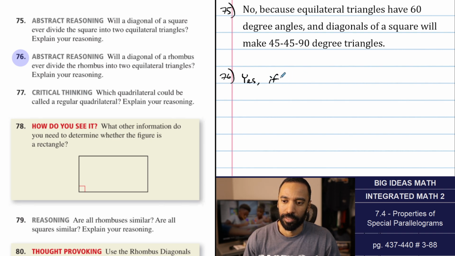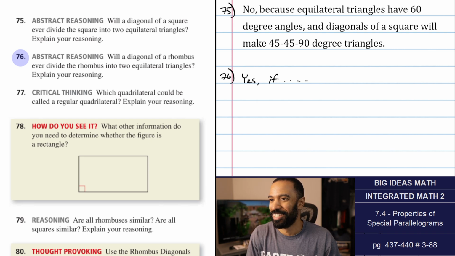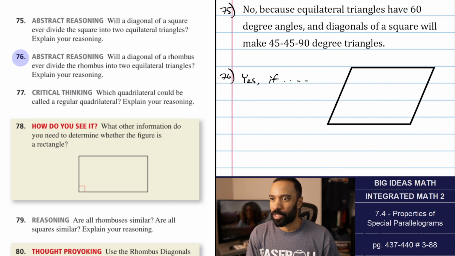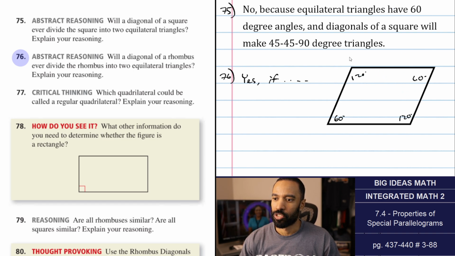I'm going to draw it. I'm not going to write it. My explanation: if you have 60-degree angles to start with here, and the 60 is not the one that's cut in half. So if this is 60, then these two would be 120, and then that gets bisected. Because diagonals are bisected there, suddenly that's 60 and 60.